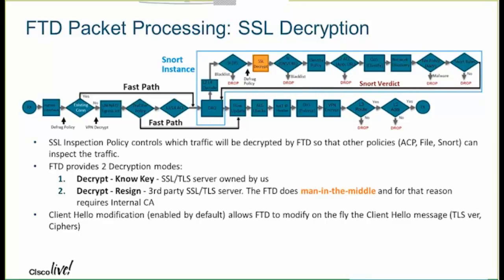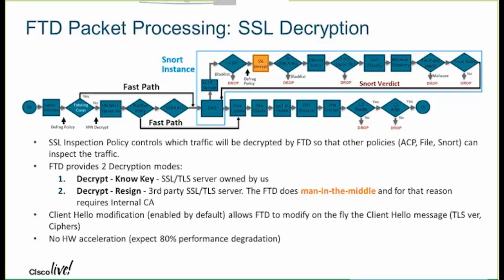Similarly, we would have an SSL handshake happening from the client to the FTD first, as well as from the FTD to the server. So it is a complete TCP proxy which happens in case of decrypt resign. And we also support client hello modification.